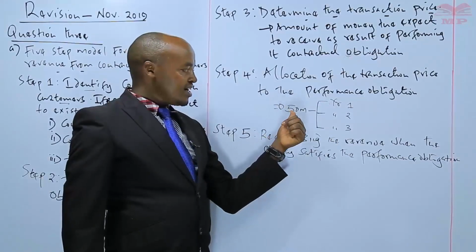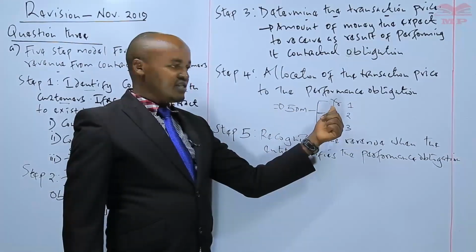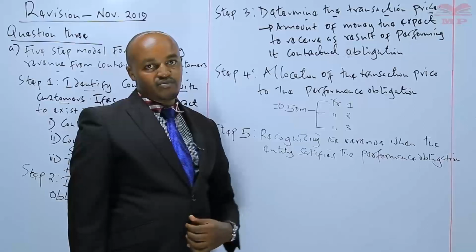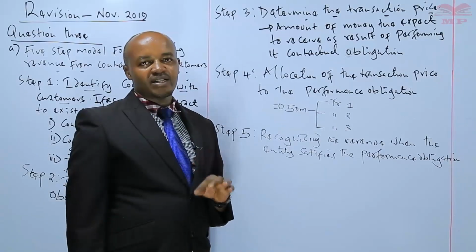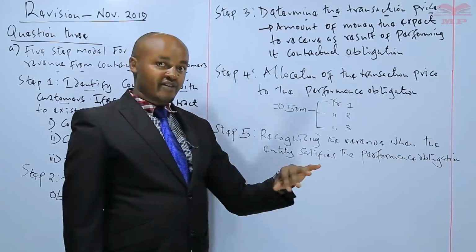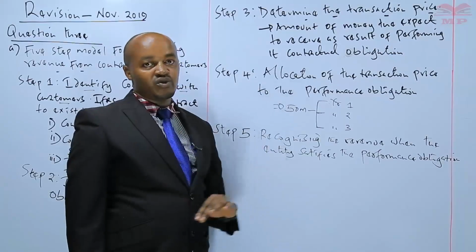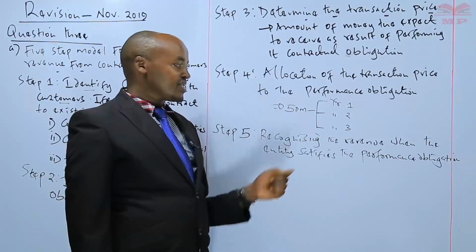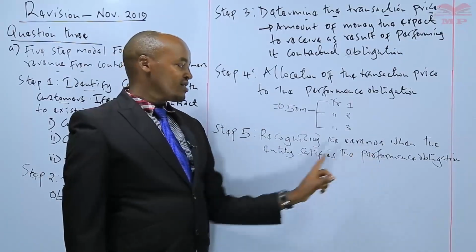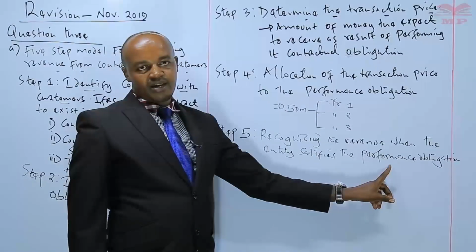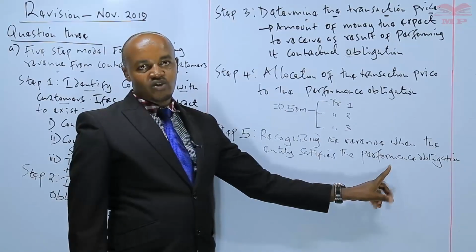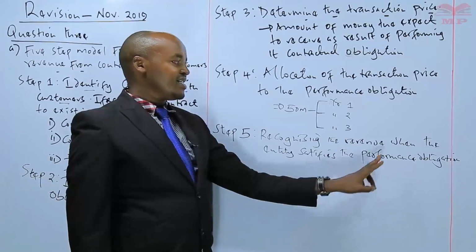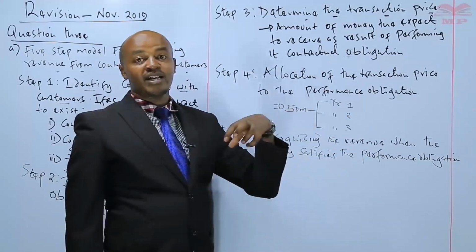For the revenue which will be received in year 1 to be recognized in the books of account, the business should provide those particular services. So that's why we are saying the revenue will only be recognized when the entity satisfies the performance obligation, or basically when the entity has actually provided the services.